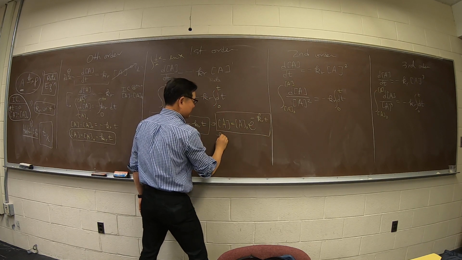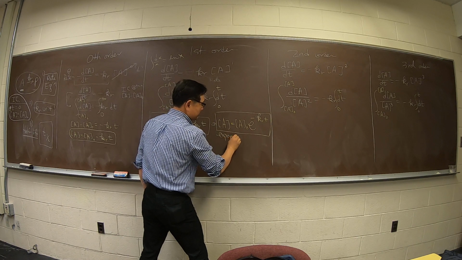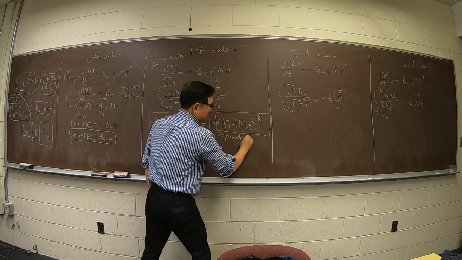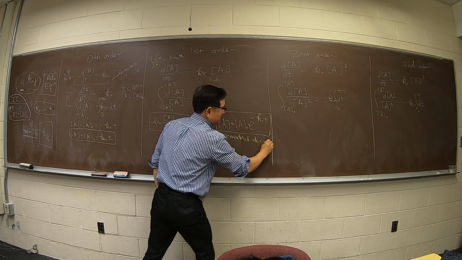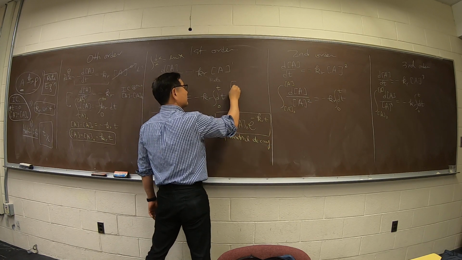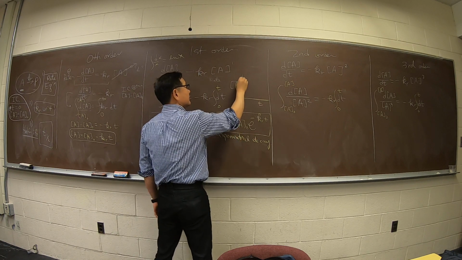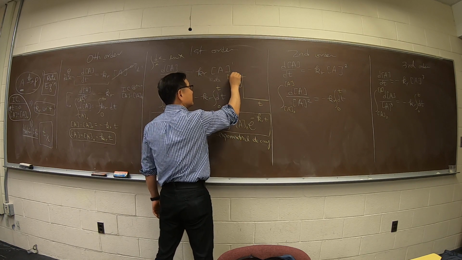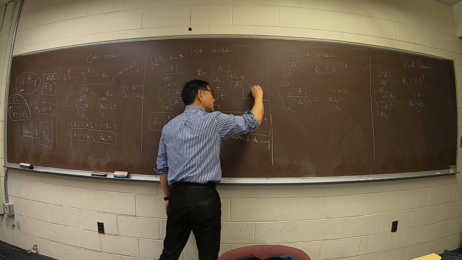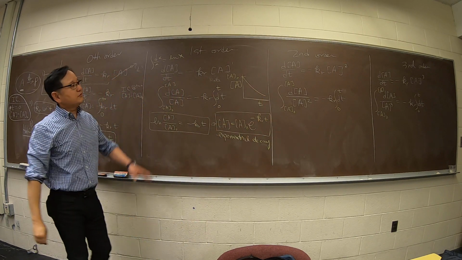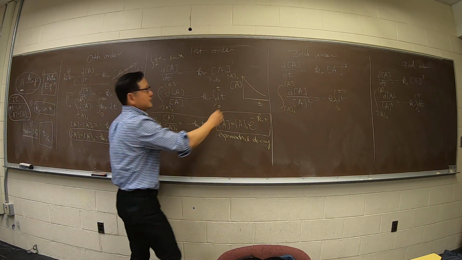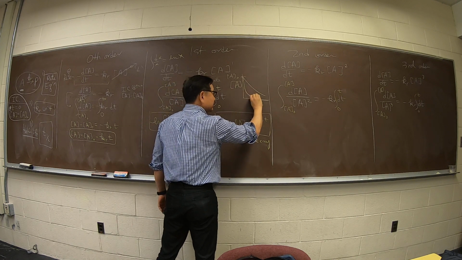And this one we call exponential decay. So if you look at A versus time, start from A naught, and it decreases like this, and it decreases rapidly if the K value is really fast, like this.